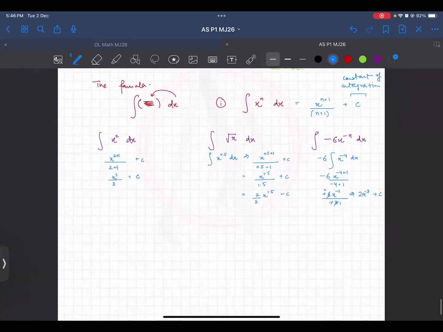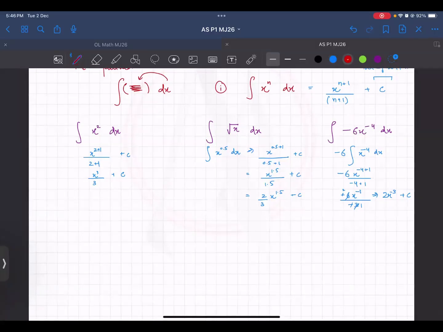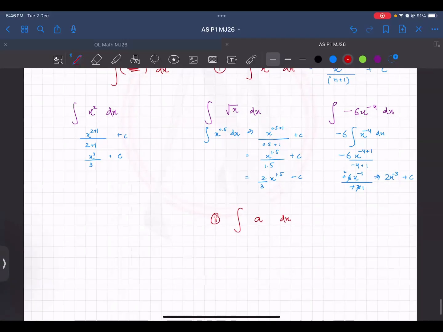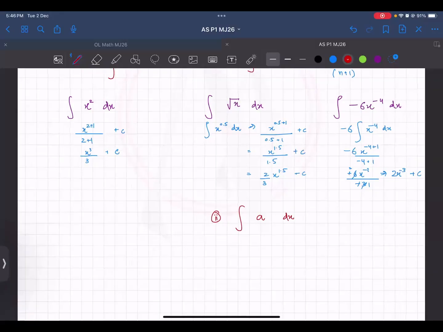Another formula you need to learn is, let's suppose there is an integral of a constant a. It can be anything. a can be 100 or minus 4 or 6 or a million, any constant. So in differentiation, when you differentiate a constant, the constant would disappear. It would become zero.